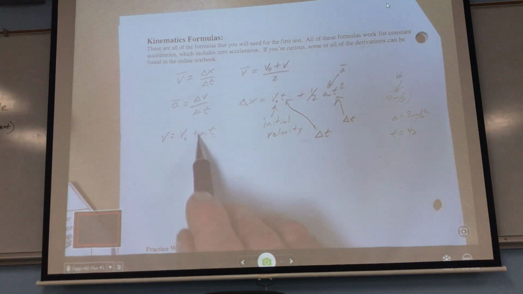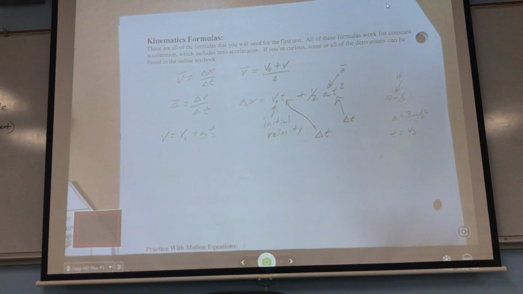Acceleration is how many meters per second you're adding on or taking away every second, and you're multiplying that by the number of seconds. In this case, I was taking 3 meters per second and multiplying that by 4 seconds, because that's how many times I'm going to add on that 3. I get 12 and add it to what I had to begin with, which was 10. And that's the ending velocity right there?